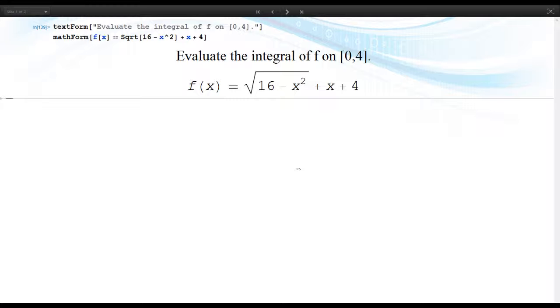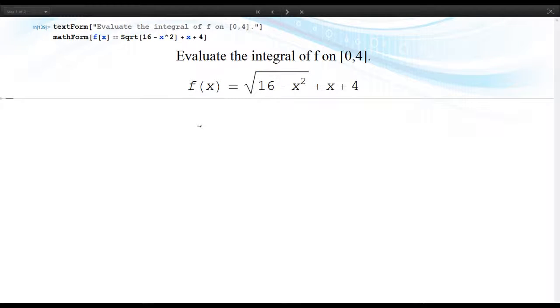But we're going to cheat. We're going to use geometry to do it. At least we're going to use geometry to take this part. That is the equation of a circle of radius 4 centered on the origin. Which means that this integral of our function f can be split into 3 integrals. One integral here, one integral here, one integral here, and this integral is just the area of 1/4 of a radius 4 circle.